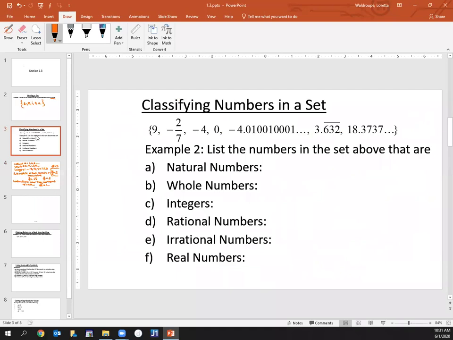So looking at our sets, okay, what numbers are natural numbers? No negatives and not zero, no decimals, okay? So, do we see a rational number or natural number? 9 is the only one I see.